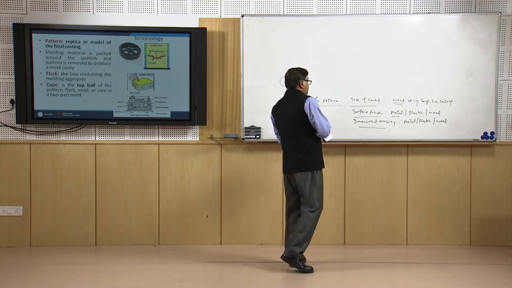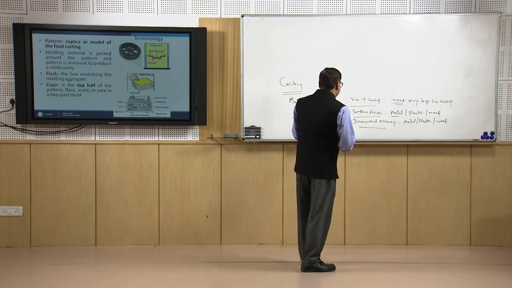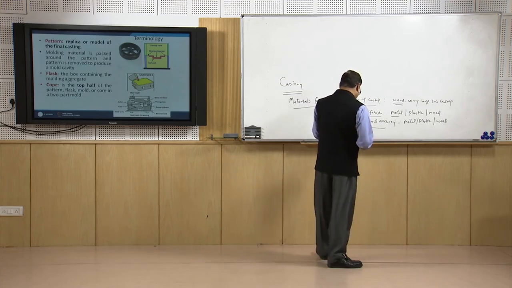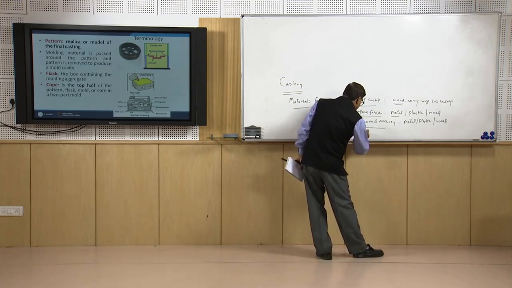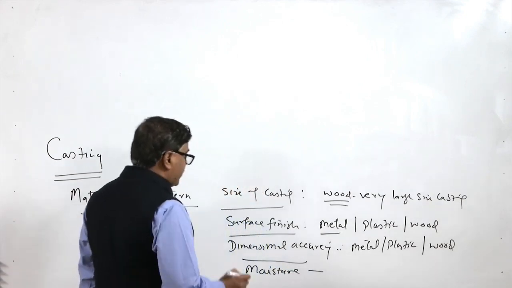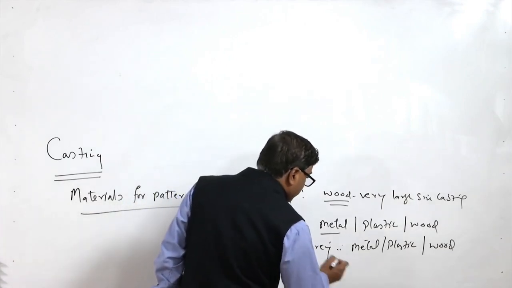Then there are certain additional features like the conditions in which it is to be used, like the moisture. If the environment where patterns are to be used is very moist, then wood is not preferred.